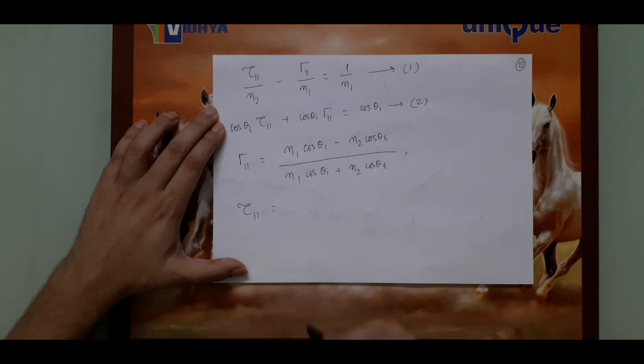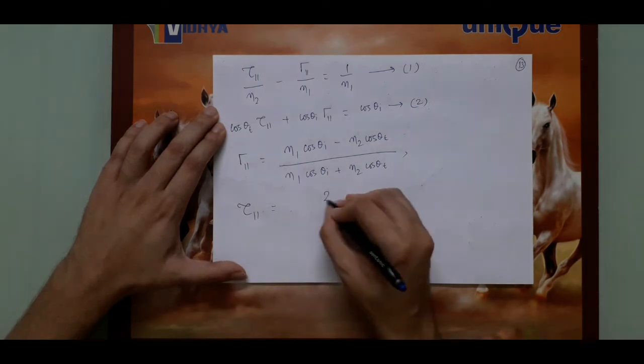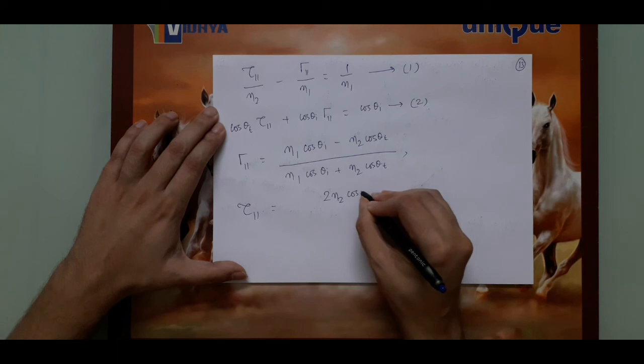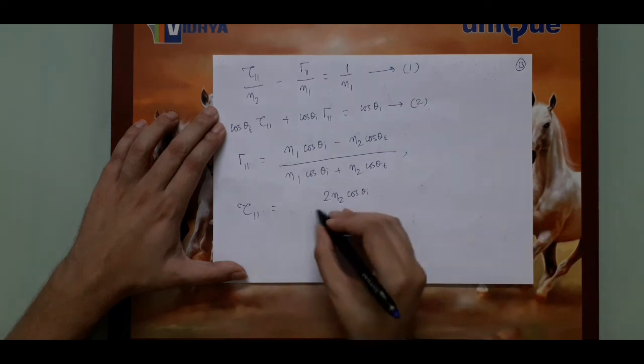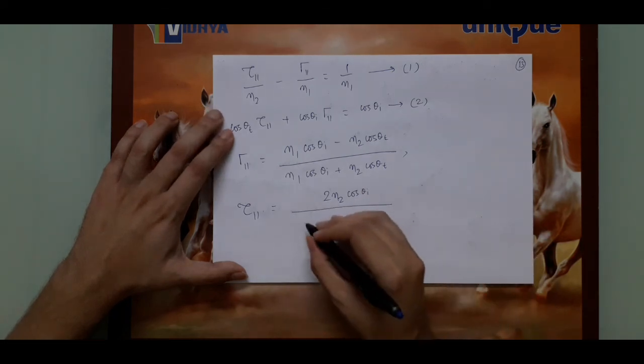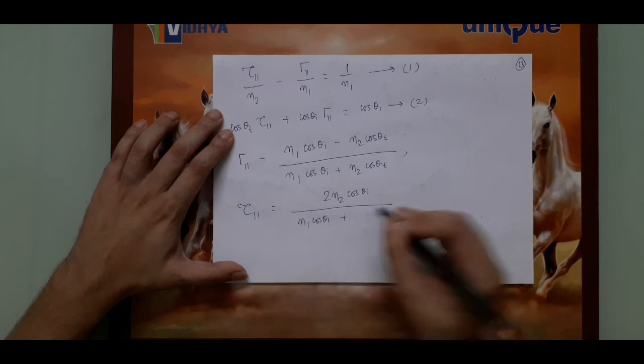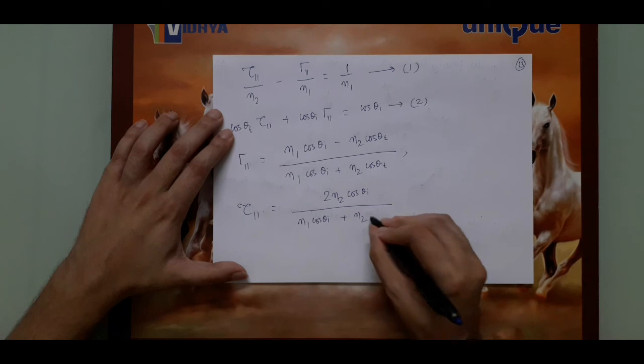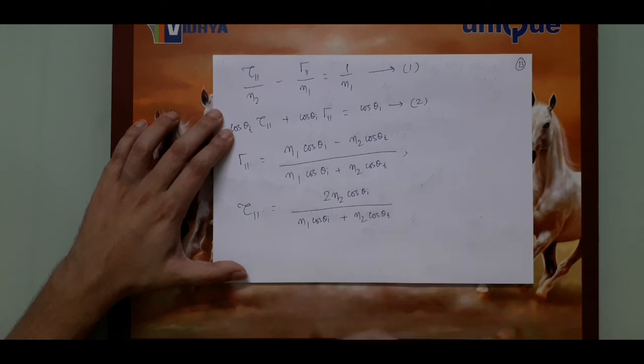and the tau, the transmission coefficient, will be 2 eta 2 cos theta I divided by eta 1 cos theta I plus eta 2 cos theta t.